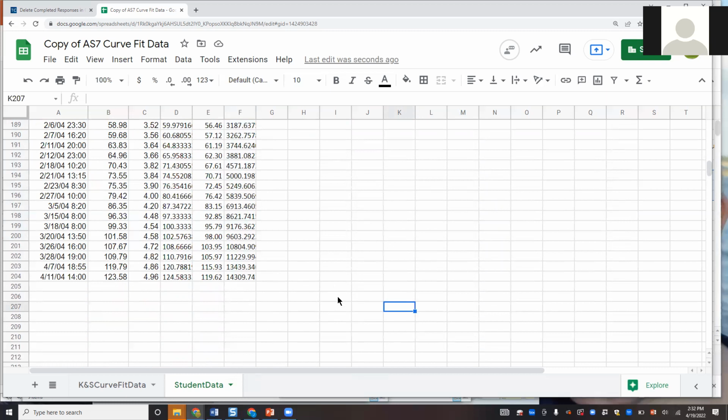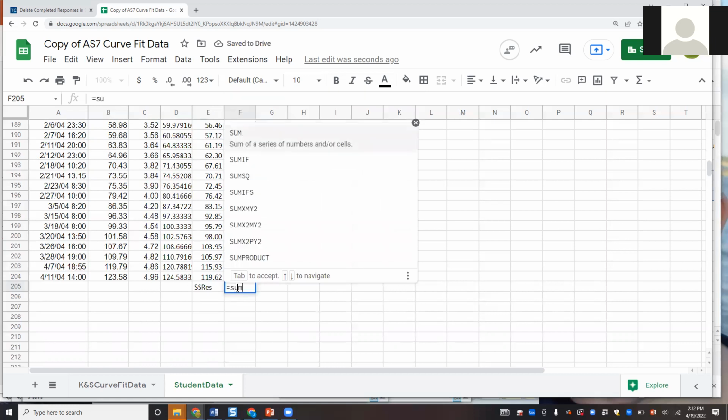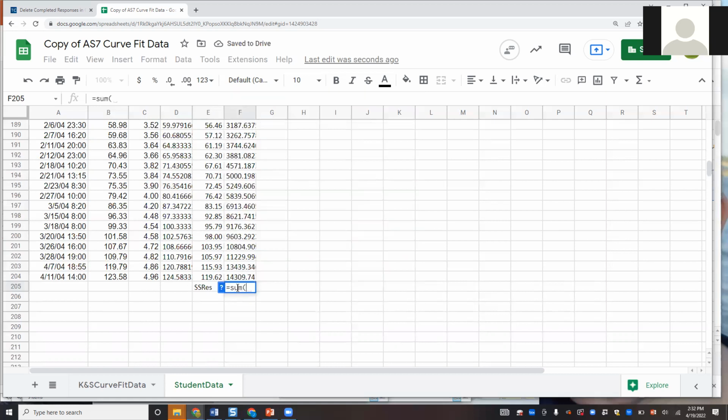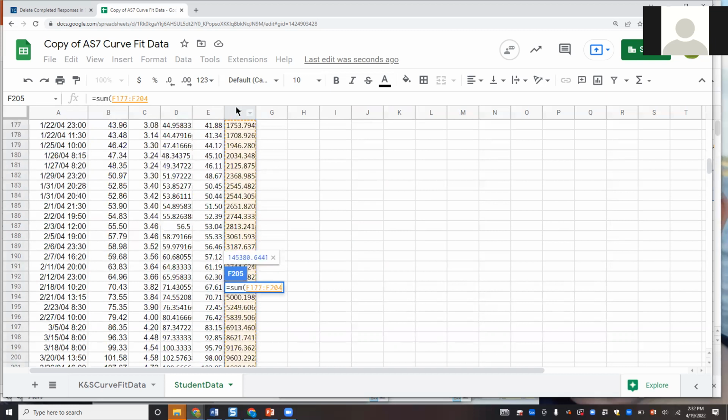And then at the bottom of this, let's call this one SS res, and that's going to equal the sum of, and I'm going to include all of the cells above it.